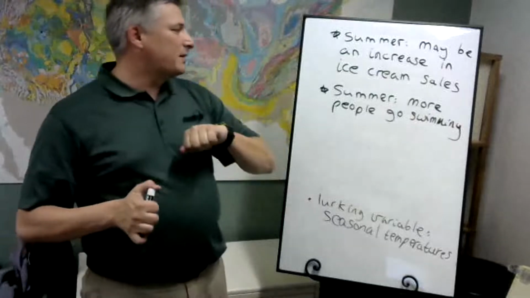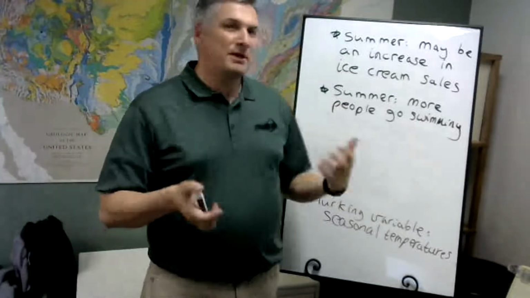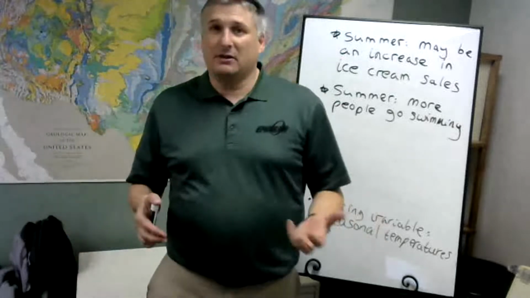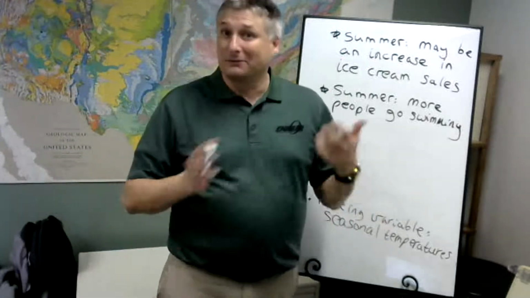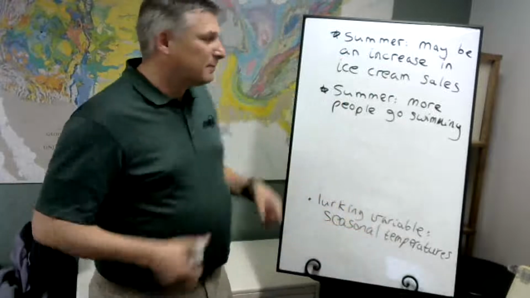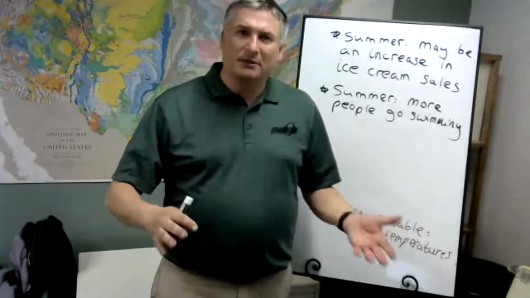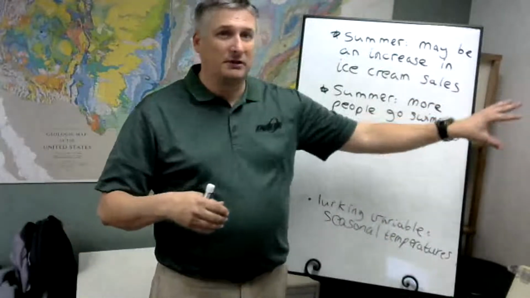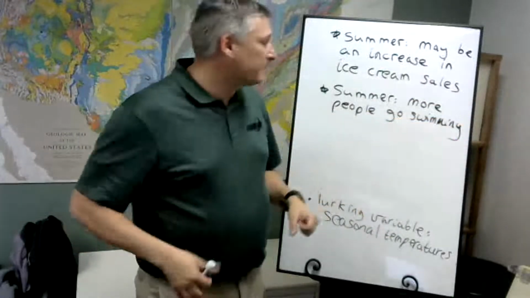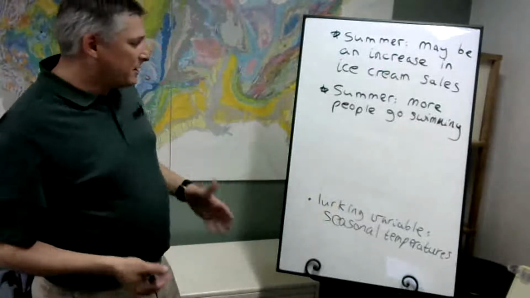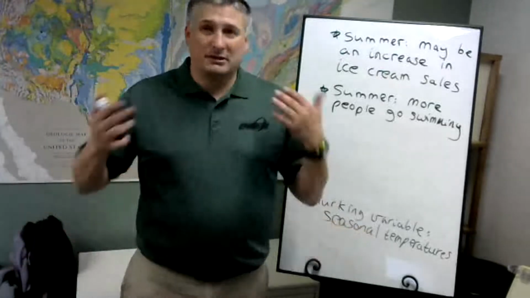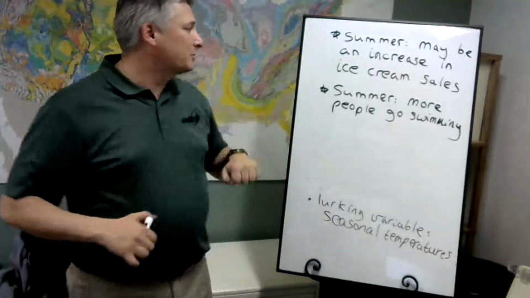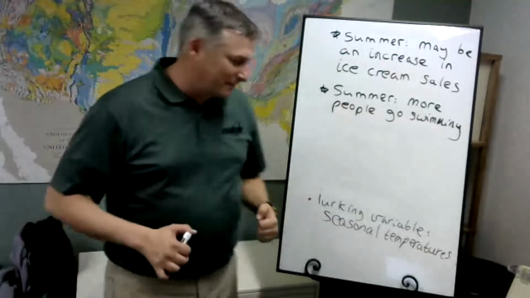But you could probably make an argument that people will go swimming in the places that maybe aren't as protected as an indoor pool, like a lake or a river, the ocean. I mean, there's going to be lifeguards in some of these places, but it's harder for them to get to you if you're in the middle of a lake versus in the middle of a swimming pool. So you could make the argument there's a lurking variable, seasonal temperatures, that when things warm up in the summertime, people get ice cream and they like to go swimming.